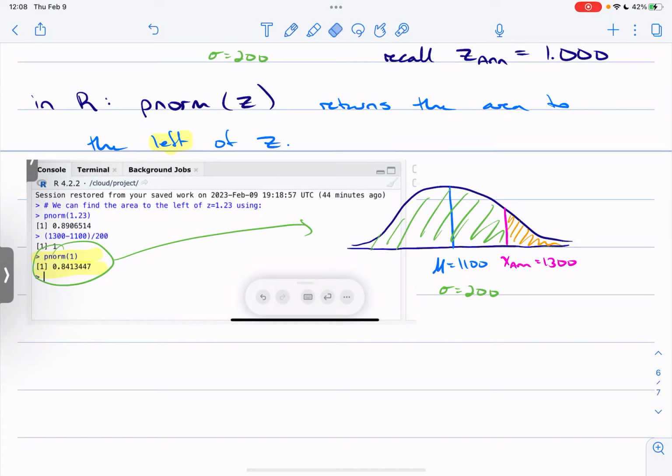Sometimes what I do to show it, because it can get a little messy, is draw a line up from where I want it to be, and then draw a line going all the way over, and write the area underneath. Leveraging the fact that the total area is 1 means that this area is 1 minus 0.841347.